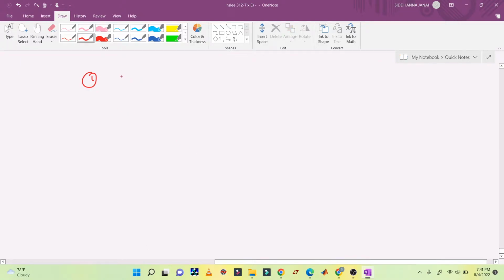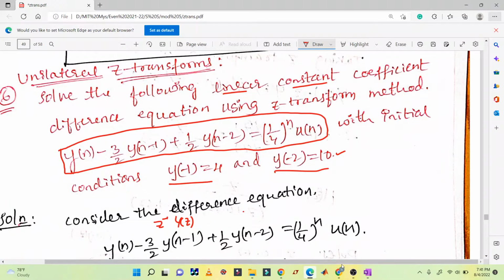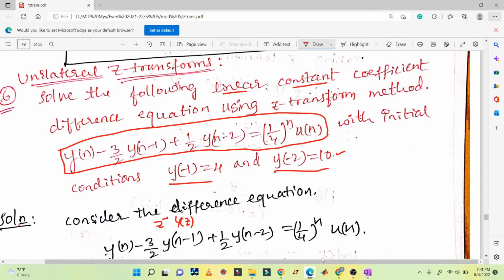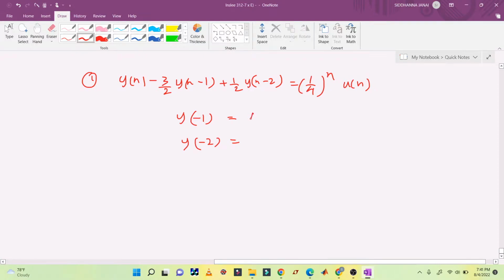Problem number 1 is y of n minus 3 by 2 y of n minus 1 plus 1 by 2 y of n minus 2 equal to 1 by 4 to the power n u of n, with initial conditions y of minus 1 and y of minus 2 given. Okay, so it is 4 and 10.